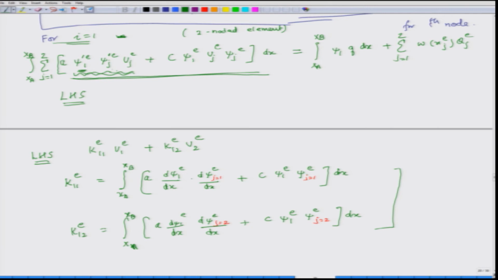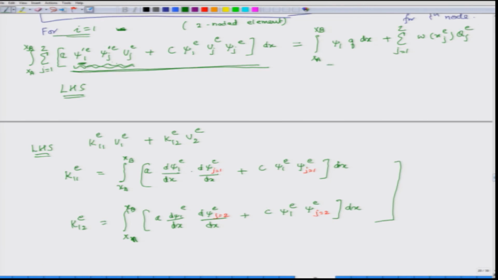Agreed? Okay. Now, let us look at this next function, psi 1 times q dx. So, this is still the first equation. This is the first function RHS 1, we will call it the first term on the RHS.